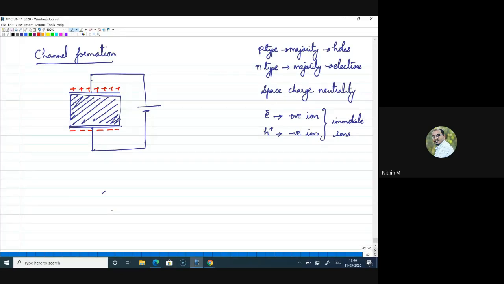A similar action can be taken to understand the operation of a MOSFET. Even in MOSFET, you can see a metal, an oxide layer, and another layer which is conductive. So here these are conductive layers, and in between there is a dielectric.